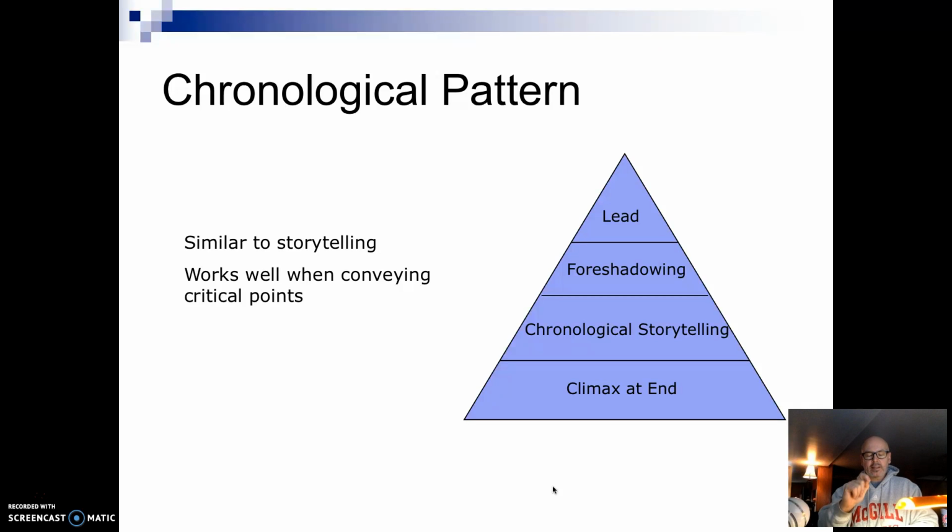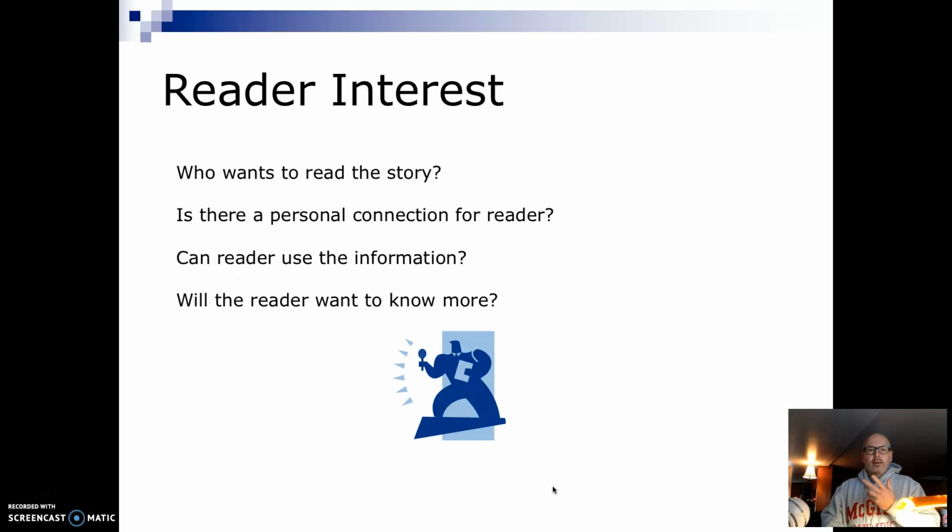You are simply presenting the facts of the story, and then it comes to a climax at the end. Again, this is not a simple, straightforward news event that happened in the day. This might be a feature or some human interest story of some kind for a feature part of a newspaper.